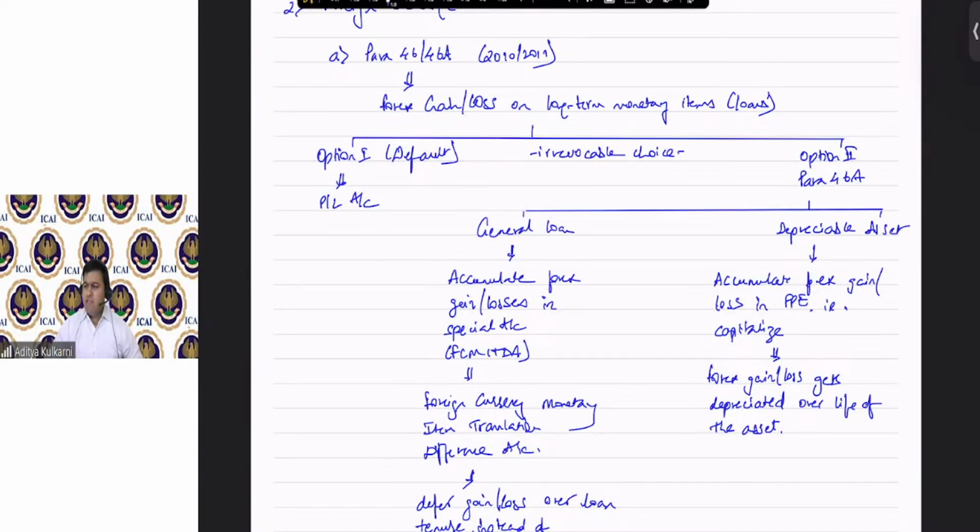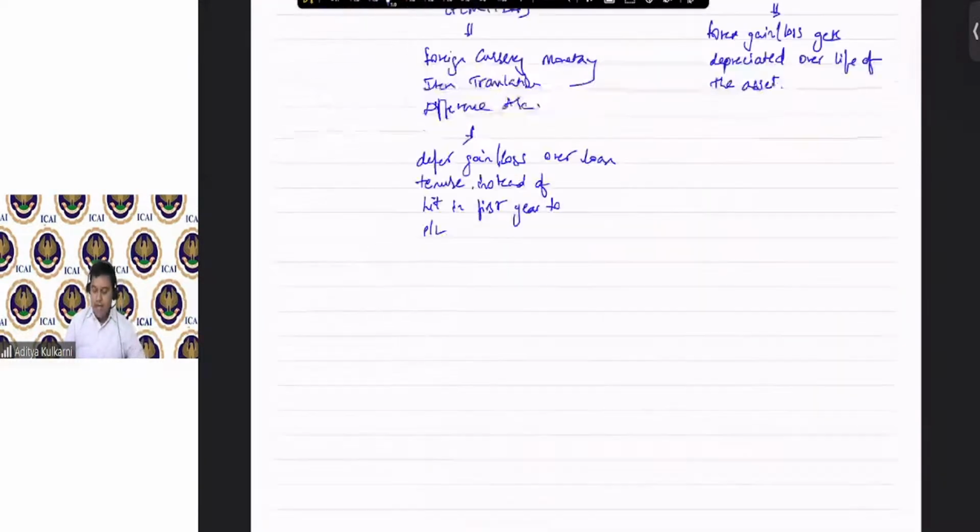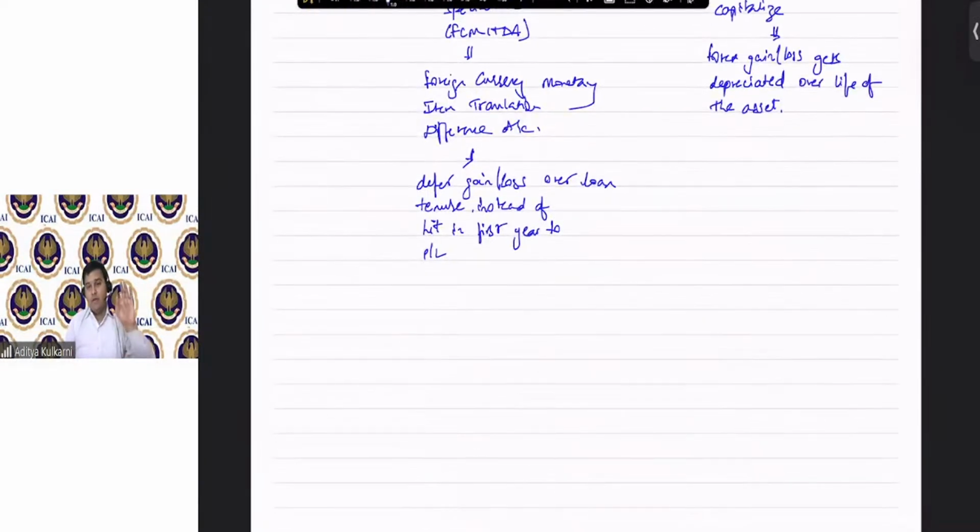Have you studied Ind AS 21? No, there is no clause. There is no clause. So Ind AS 21 requires forex gain or loss, however violent, whatever be the surge or down this thing, whatever be the impact, it has to go to the P&L. There is no other alternative that is given to you.